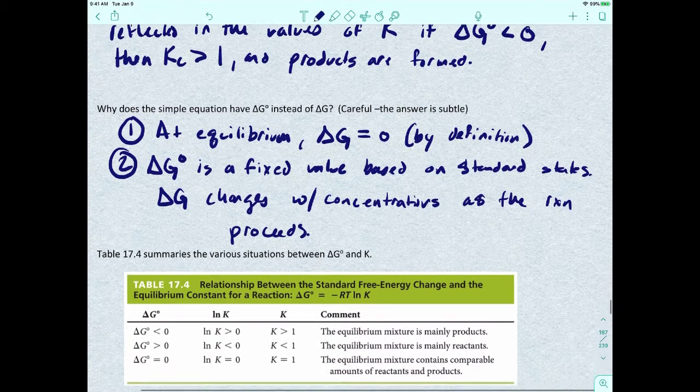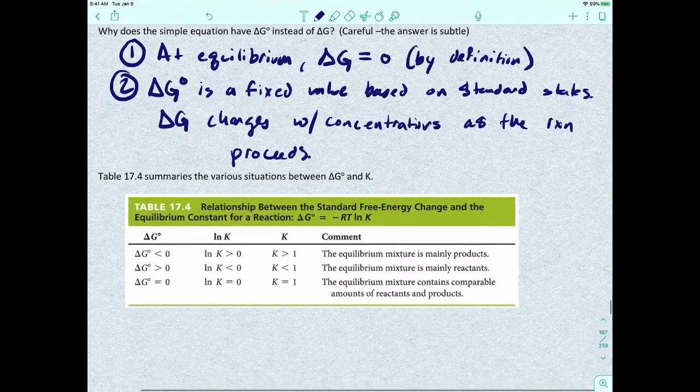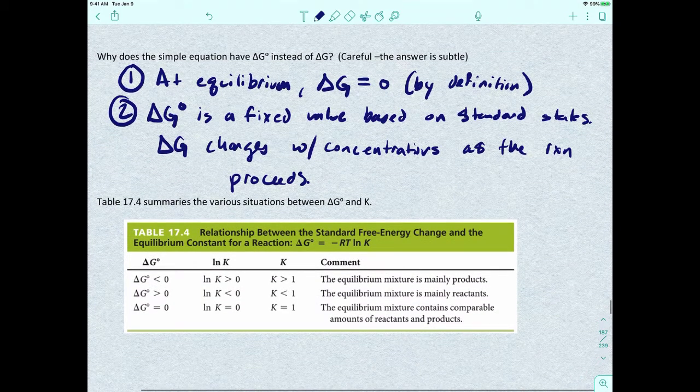Okay. And so now we're at a table that actually makes a little bit more sense of what we're looking at. We're looking at delta G, standard state, the natural log of K, and then K. So if delta G is less than 0, so it's negative, the natural log of K is going to be greater than 0, which means K is going to be greater than 1, which means this reaction is going to favor product formation.